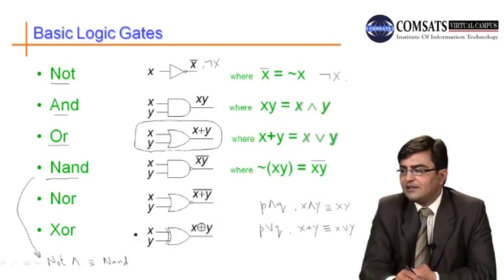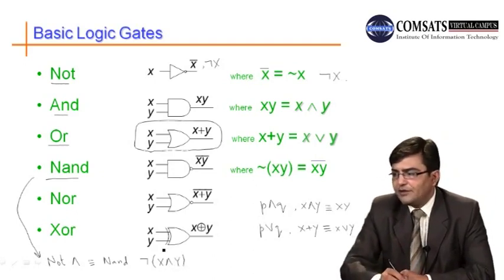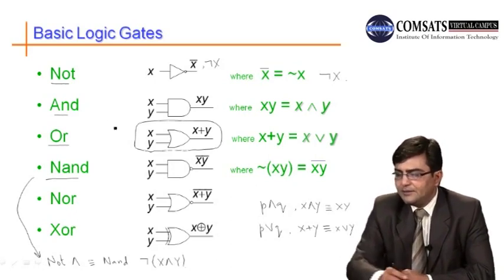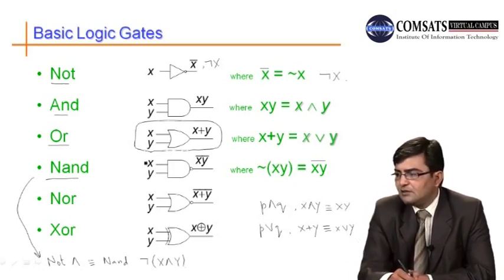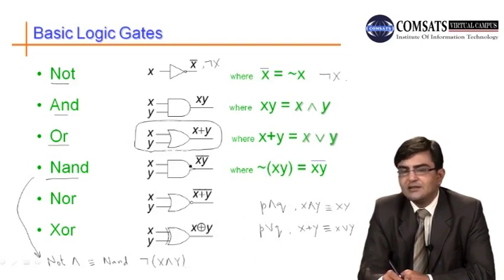This operator is the negation of X and Y. Its symbolic representation is the same as the AND operator, but the difference is that we construct a circle here, which shows that this is a NAND basic logic gate.